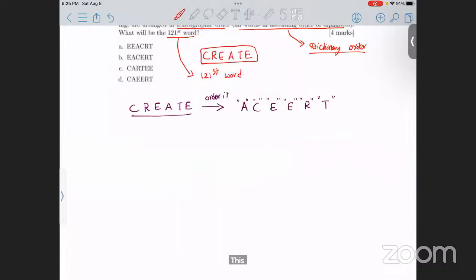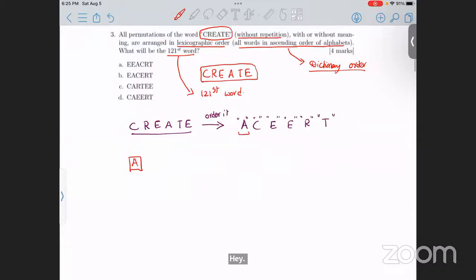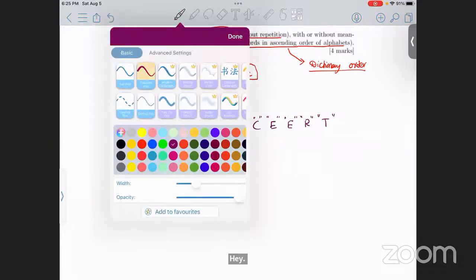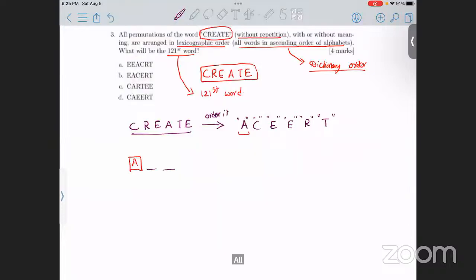Look, listen to this carefully. The first letter is A. So we'll fix the first letter A, and then we'll arrange all the remaining 5 letters.